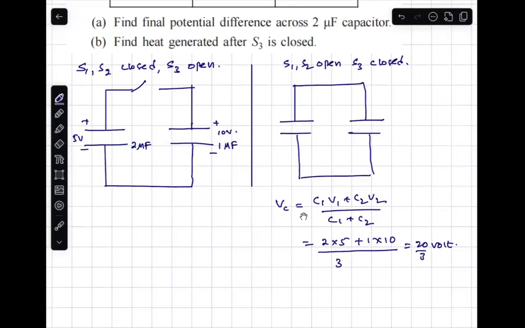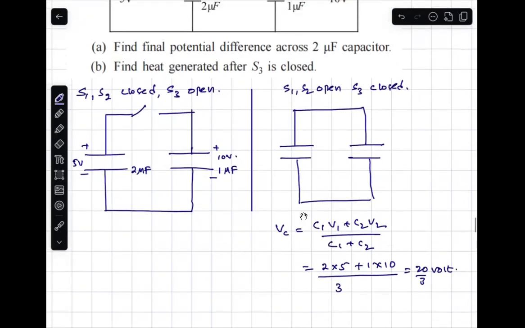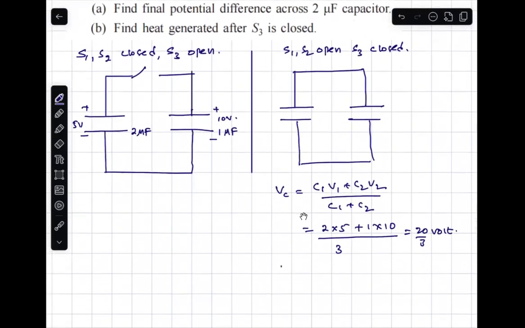Everything is fine over here. That's the first part of the question that I have answered. What is the heat generated? Loss is C1 C2 by C1 plus C2 into V1 minus V2 whole square for like plates aside. Unlike plates aside, V1 plus V2 whole square.